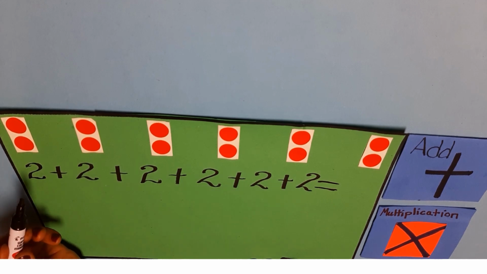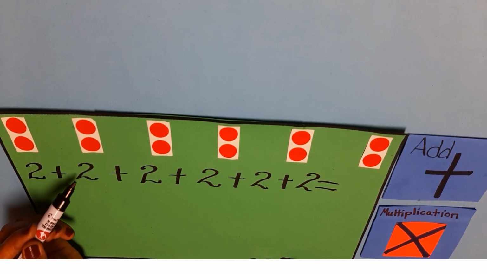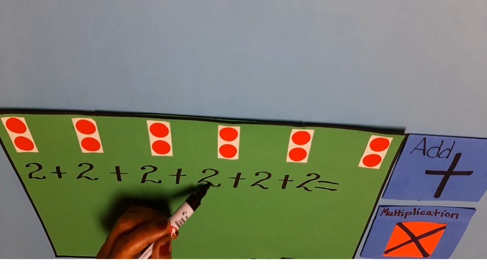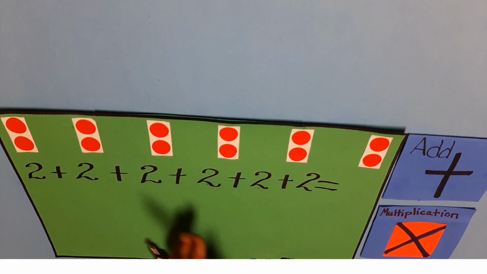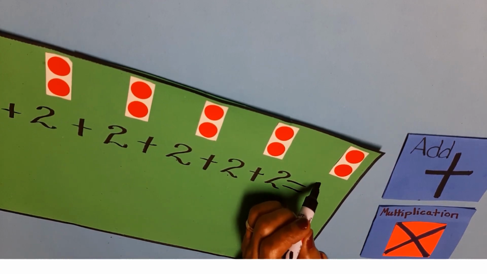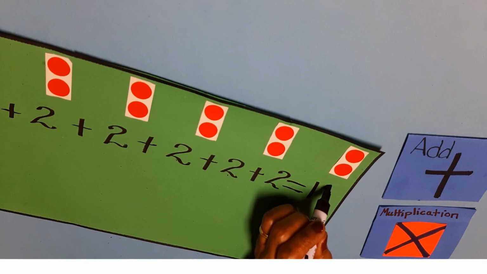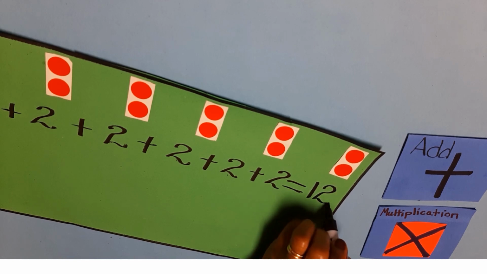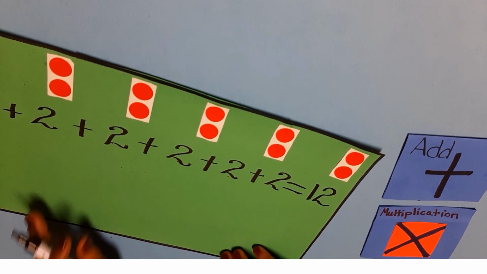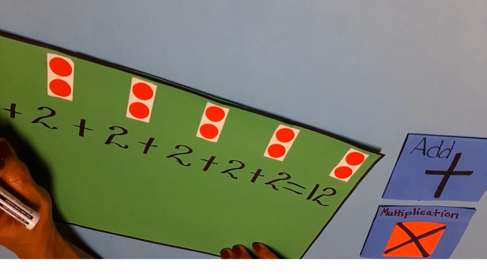And if we look at that, we say 2, 4, 6, 8, 10, 12. Would that remind you of what we just did earlier when we were counting in twos? 12.